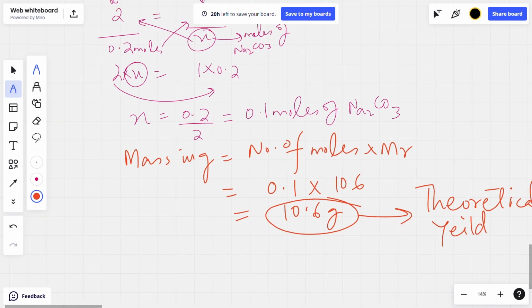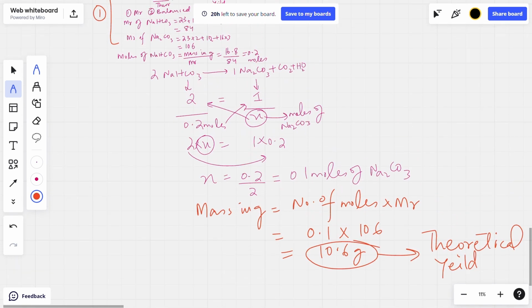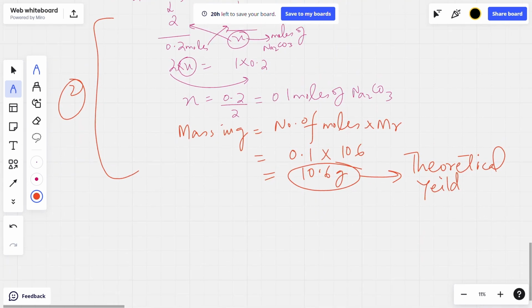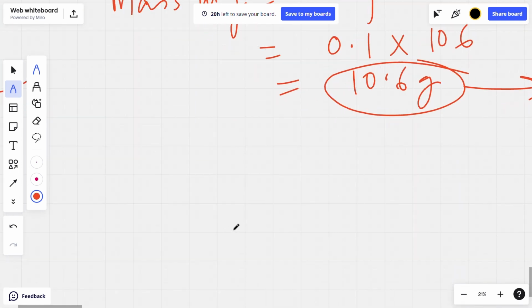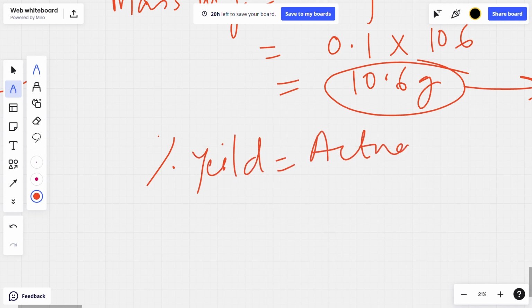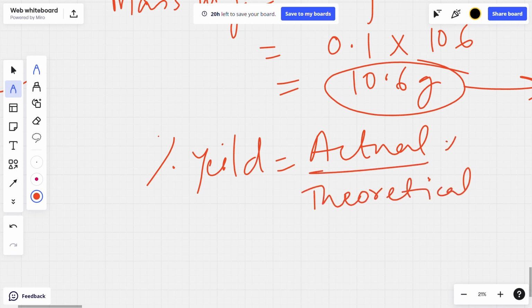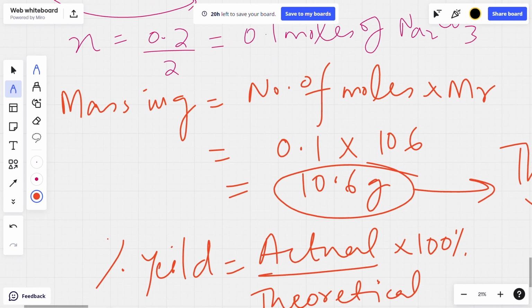Okay, so now our final step. This was step 2. Now we will move towards step 3, in which we will find out the percentage yield. Percentage yield is actual yield divided by theoretical yield multiplied by 100%. So what is the actual yield here?